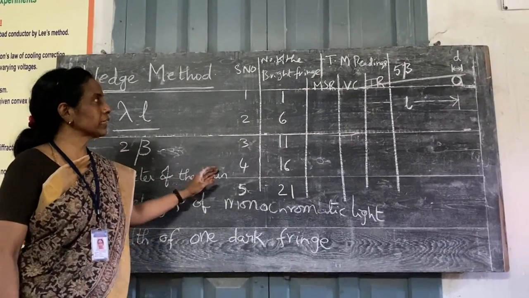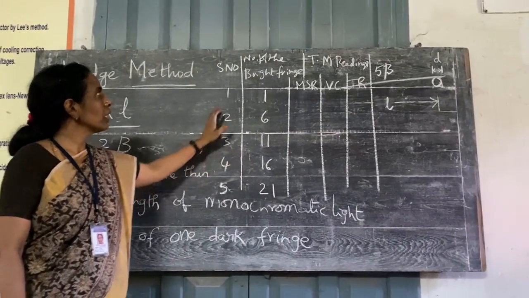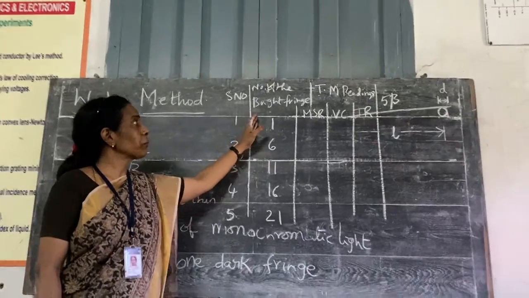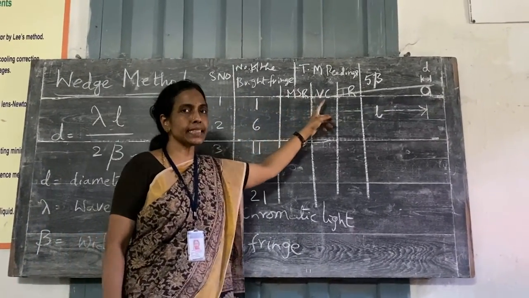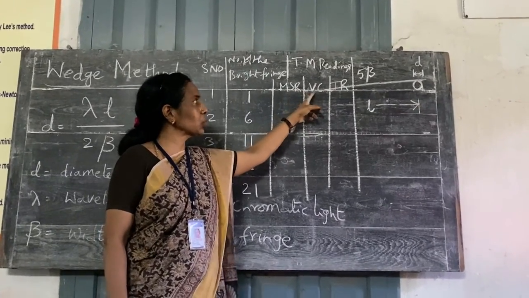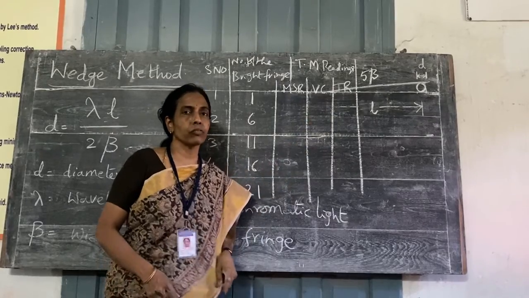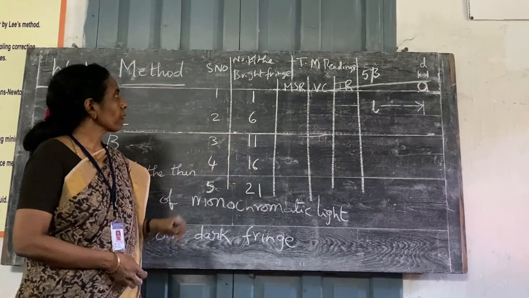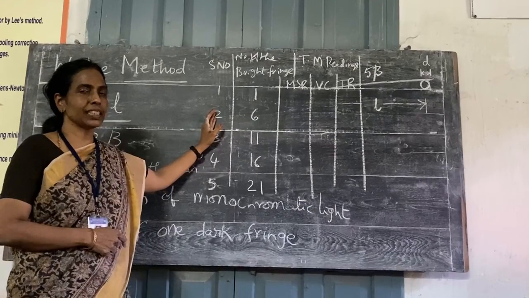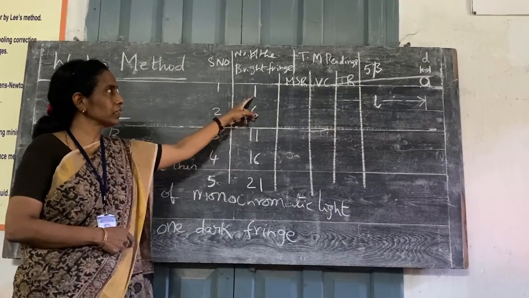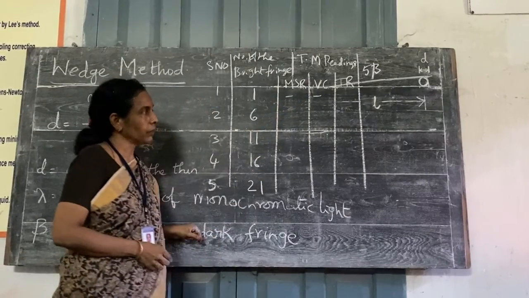Now we note the observations in the prescribed table as serial number, number of the bright fringe, traveling microscope readings, main scale reading, Vernier coincidence and total reading, at the last 5 beta. So it starts from one bright fringe and it is taken as the first bright fringe, that MSR reading and Vernier coincidence we will note down.